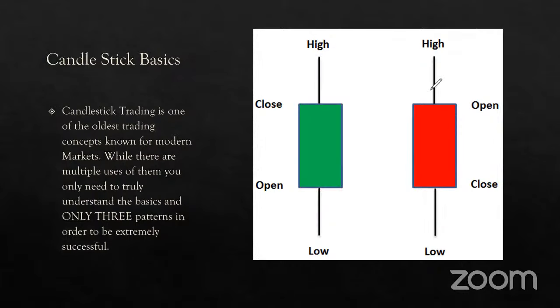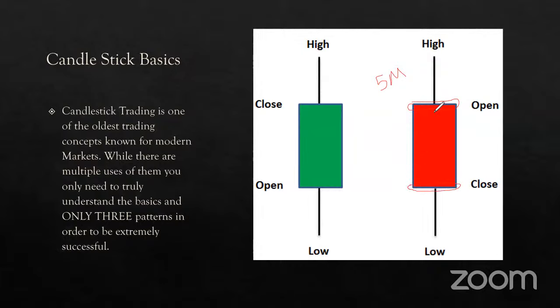Now, red candle. A red candle indicates a downward movement in price over a period of time. Again, if I was looking at a 5-minute chart. If it's a red candle, opening price is at the top. Closing price is at the bottom of the body.